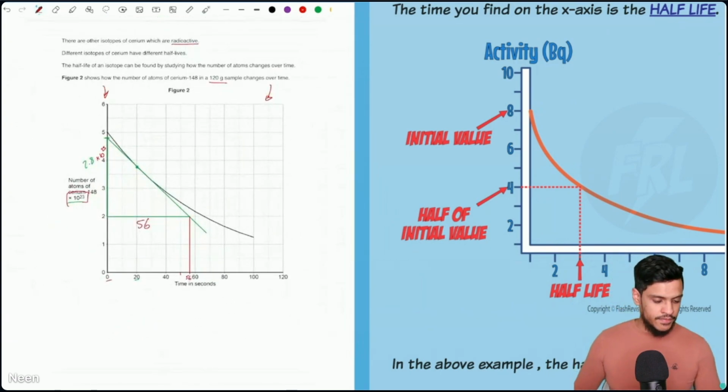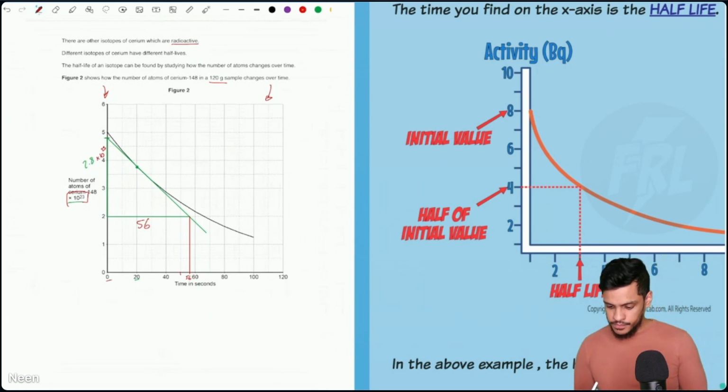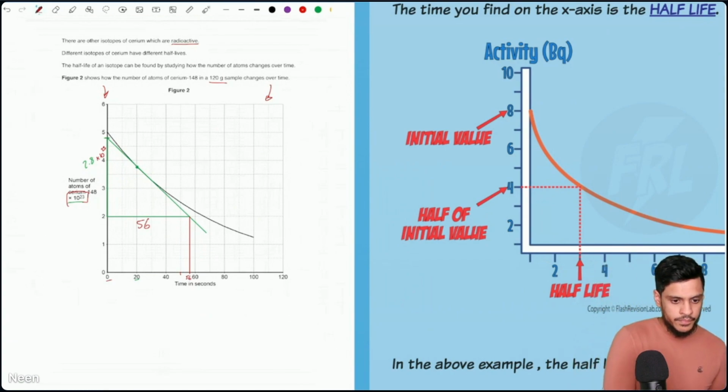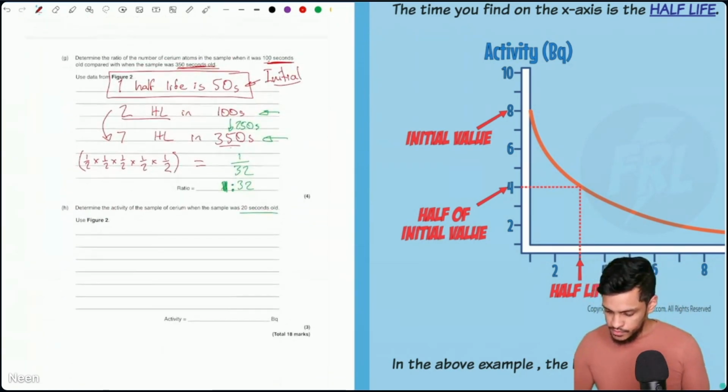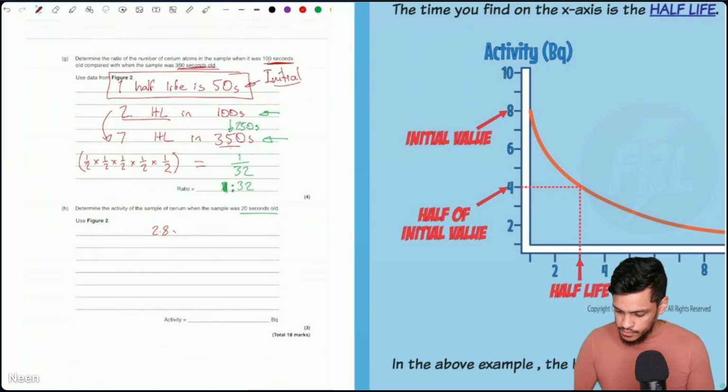What does that give? Yeah, roughly 2.8 times 10 to the 23 divided by 56 gives roughly 5 times 10 to the 21.